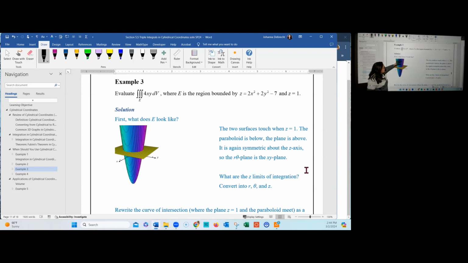You can see what E must look like over here on the left. E consists of the part of the paraboloid below the plane z equal 1.